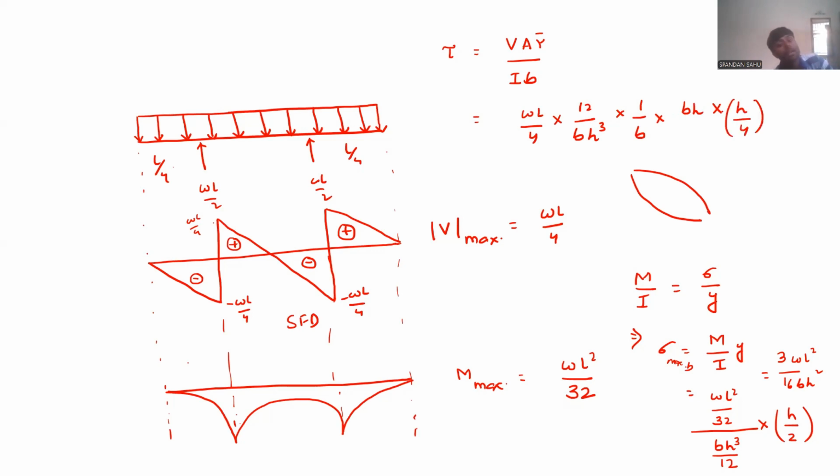Y bar is nothing but, when you have a rectangular section, your neutral axis will lie at the mid depth. So your top portion will have H by 2 depth. So for this hashed portion, you have to take the moment of the area of this hashed portion about the neutral axis, which will be lying at its centroid, that is at a distance of H by 2 upon 2.